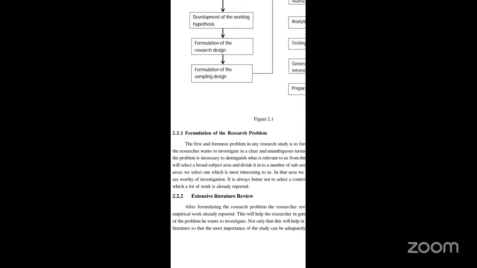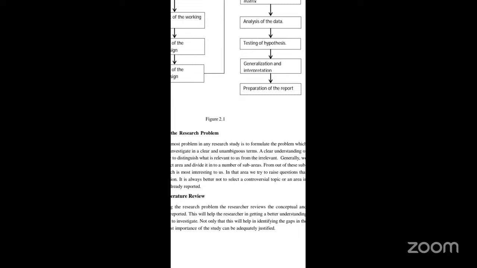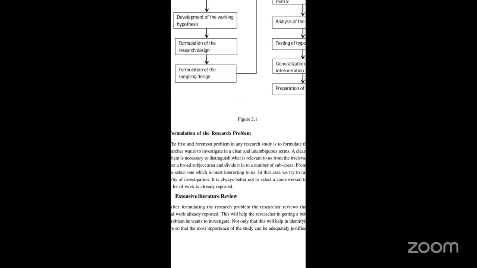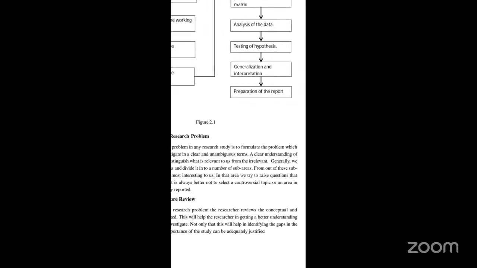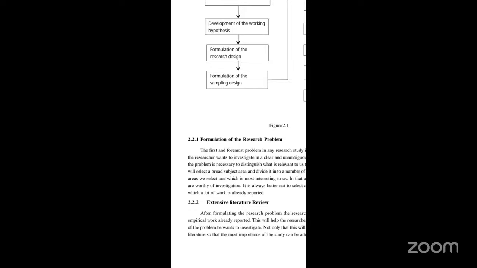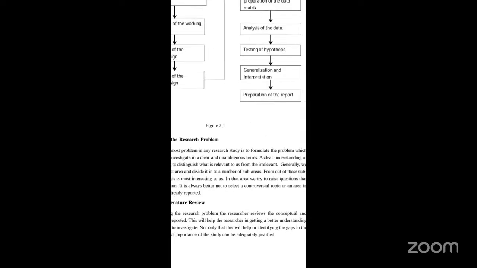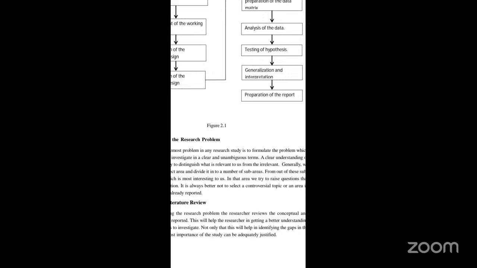The first and foremost problem in any research study is to formulate the problem which is to be investigated in clear and unambiguous terms. A clear understanding of the problem is necessary to distinguish what is relevant to us from the irrelevant. For example, I want to study road accidents.